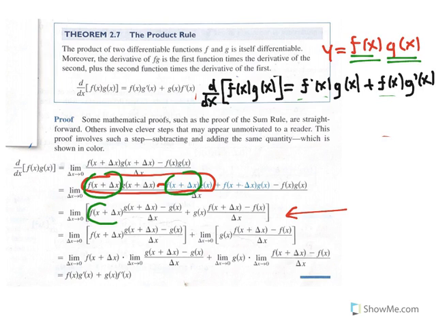So when we factor out f of x plus delta x, from the first term, we're left with g of x plus delta x, and then from the second term, we're left with g of x. And then we have the denominator of delta x, and you can write the f of x plus delta x over 1. So when you multiply it by what you have here, it is in fact the same as all of this.